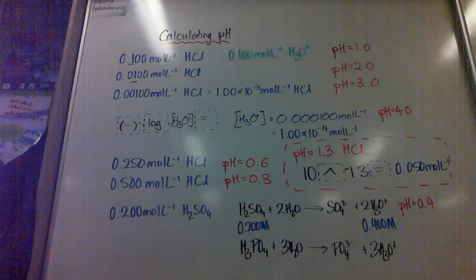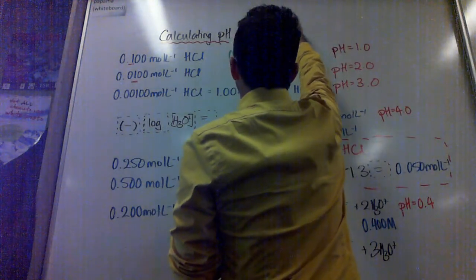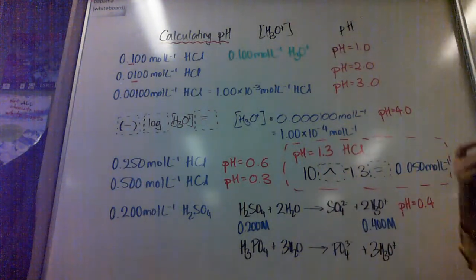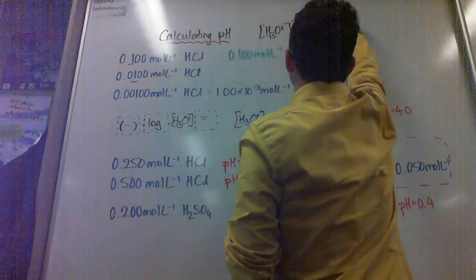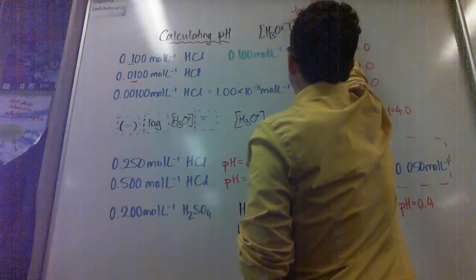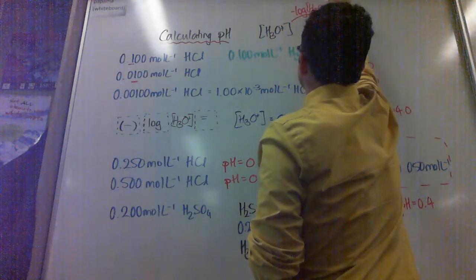So, in a nutshell, if we want to go from concentration to pH, so I want to find the pH, then I'm going negative log of the hydronium.